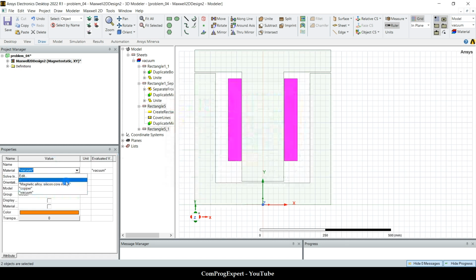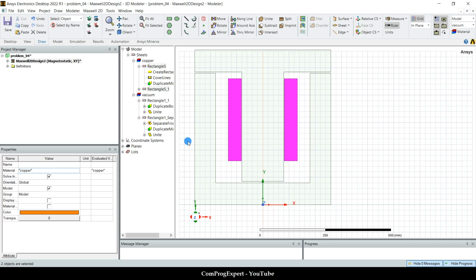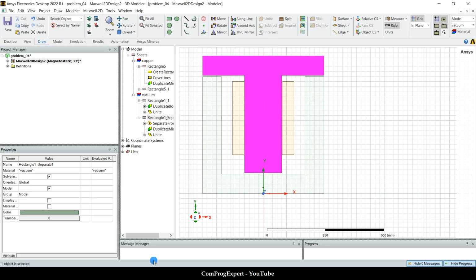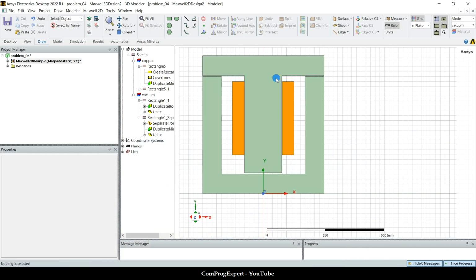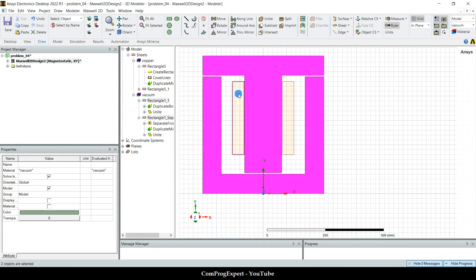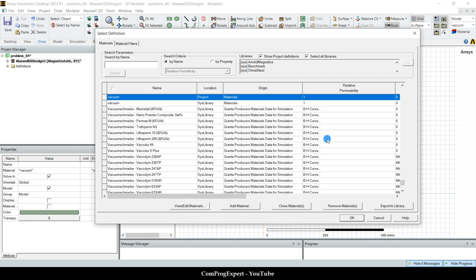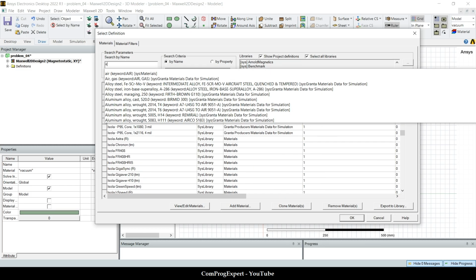We should select the copper material for these, and in this case we should assign ideal iron to these two parts, this part and this part. Assign material, let's select the iron and increase its permeability.